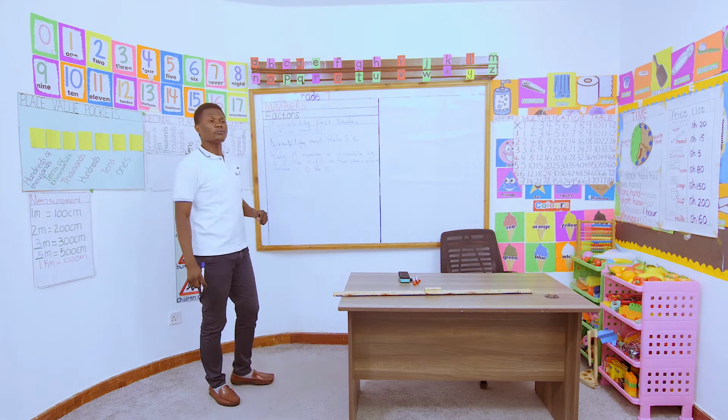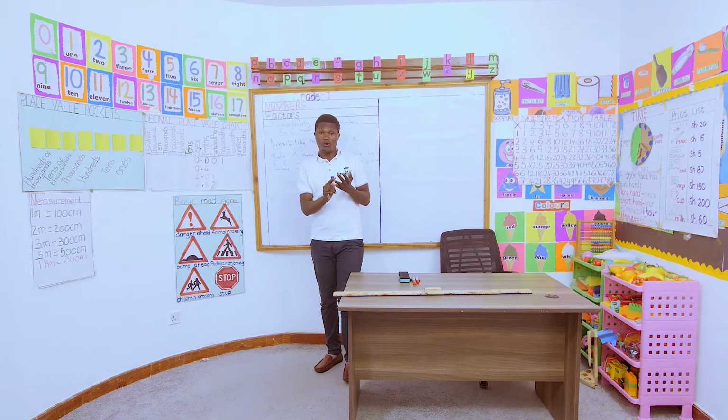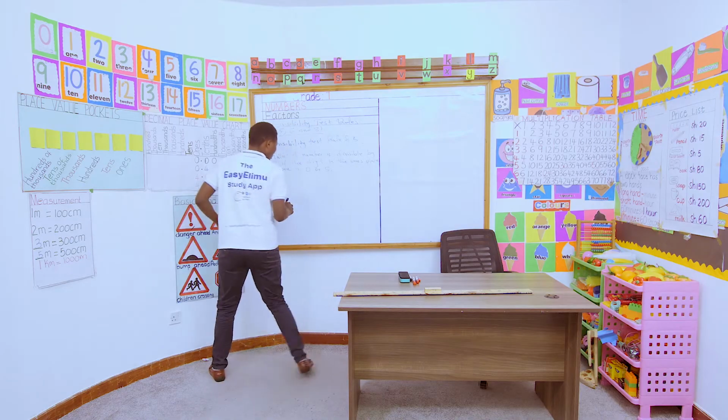In other words, for a number to be divisible by 5, that number must end with 0 or 5.